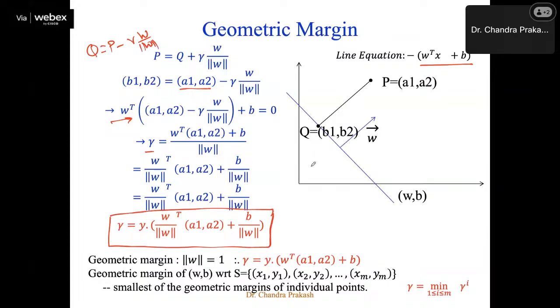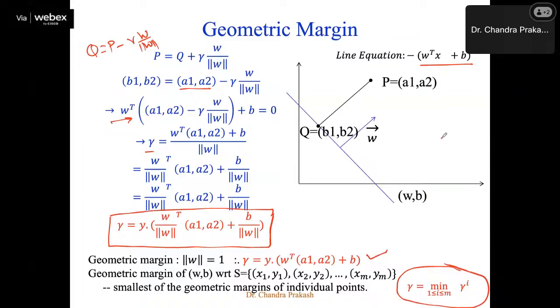And over here, I can consider this vector as a 1. So my margin came out to be this. And what we are interested in, if I am having multiple such points with me, then I will come up with the smallest of the geometrical margins of the individual points that satisfy the given condition. It should be the minimum of all the possible margins, right?